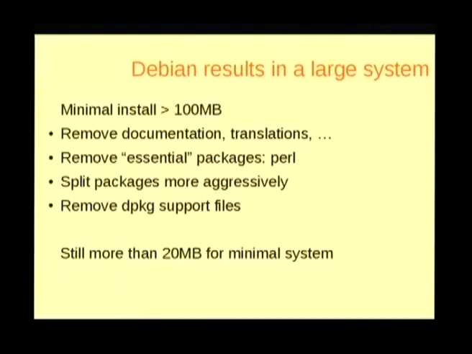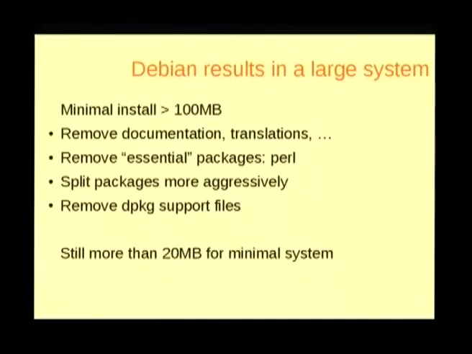Sometimes you also want to split the packages more aggressively. Some packages are split very well. For instance, Qt is split into the Qt core and then all the different modules. But for some packages, this is not done, and so there could be more splitting.